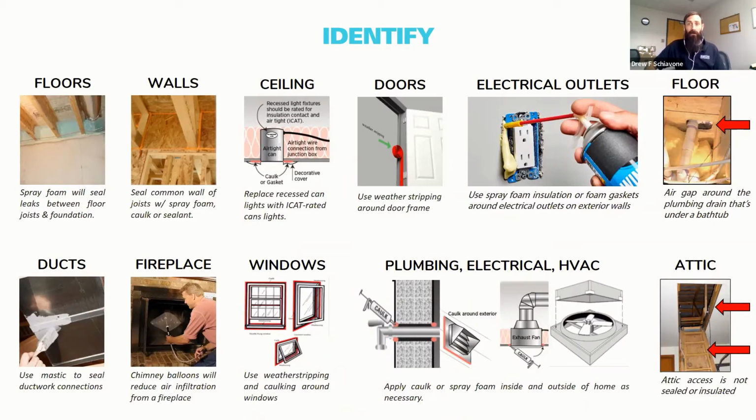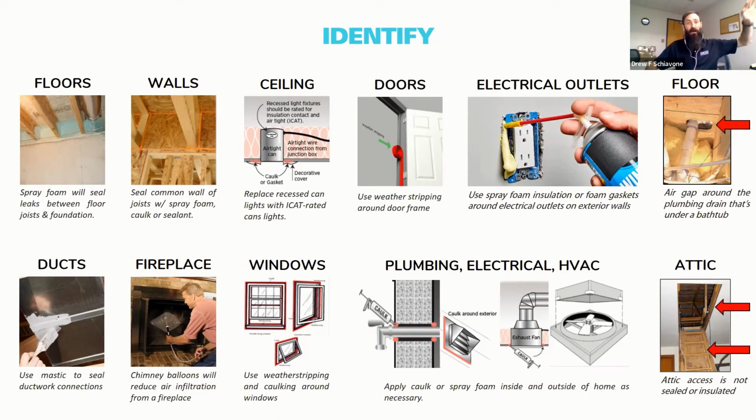Now, a couple other areas, places that you might see some air leakage in your home, and I won't go through every one of these in detail, but I'll just point out a few. The top left, for instance, is a view from the basement looking up at the floor. And so what they've done in this case is put some foam insulation and sealant around above the basement foundation. So you have a concrete or brick wall in your basement.